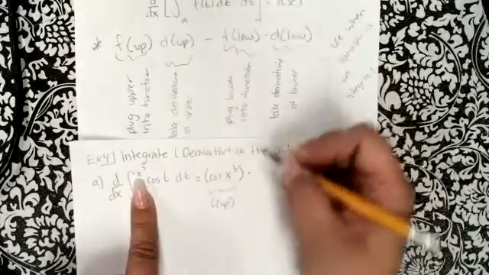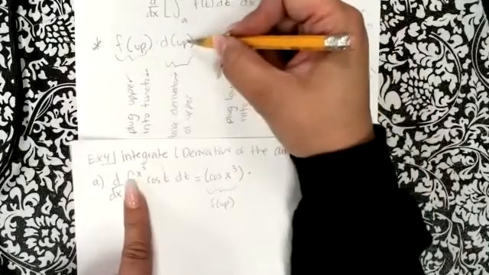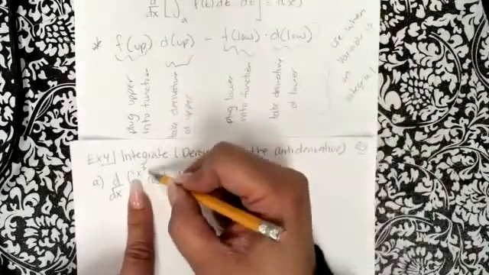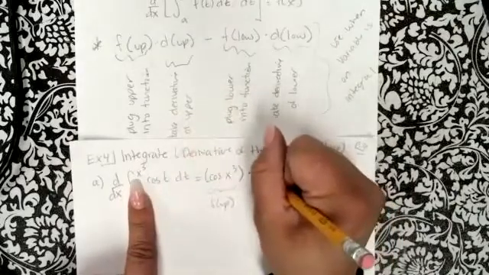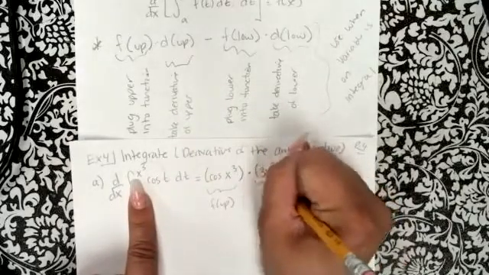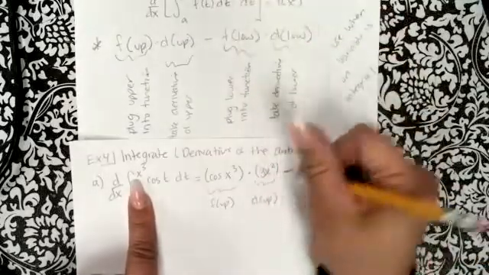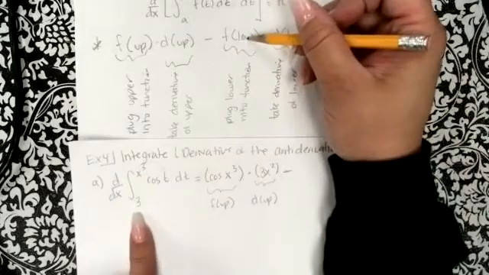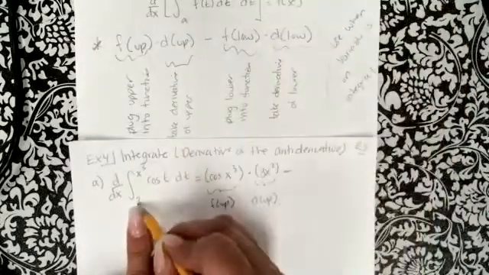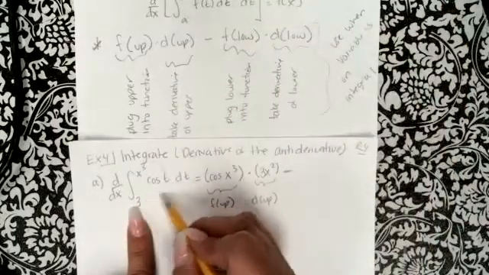Times, now the dup part is you take the derivative of the upper bound. So what is the derivative of x cubed? The derivative of x cubed is 3x squared. So that is the dup part. Subtract, flow, you plug the lower bound into the function. So this 3 is now going to get plugged into the function. So that's cosine of 3.